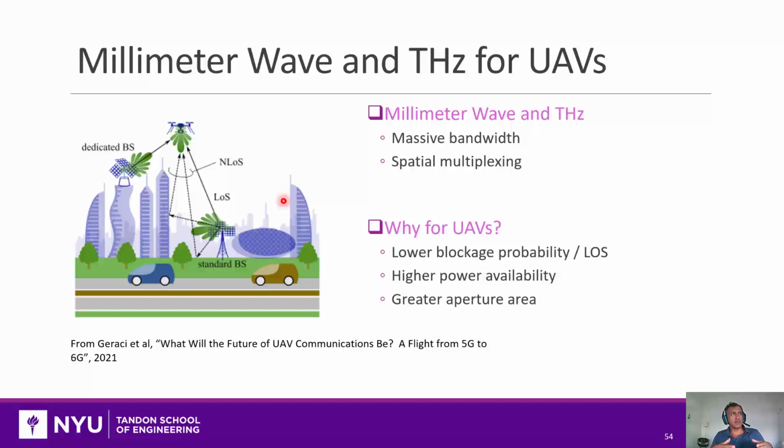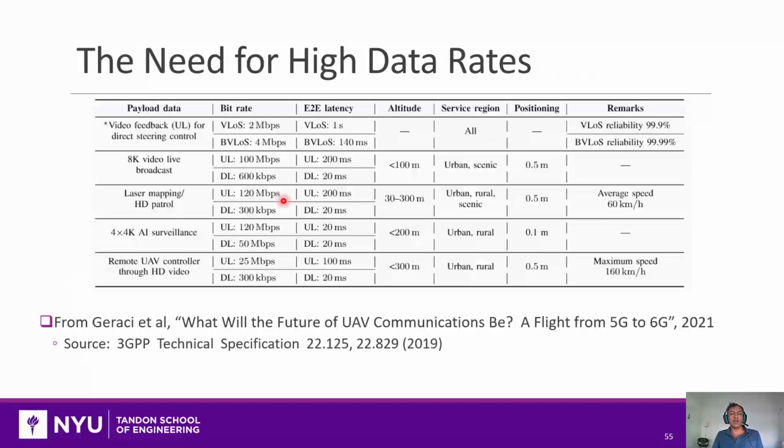And also you might have a little bit greater aperture area that you can mount depending on the size of the UAV or the ground base station, and that could enable other things like line of sight MIMO. Now, talking about the need for high data rates, what you would do with these data rates, this table comes from this very cutely titled paper from my colleague Giovanni Garassi, what's the future of UAV will be, a flight from 5G to 6G.